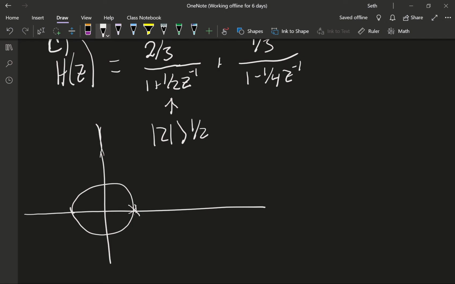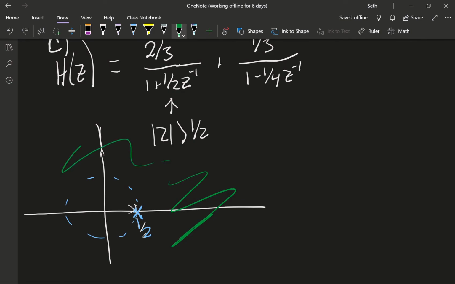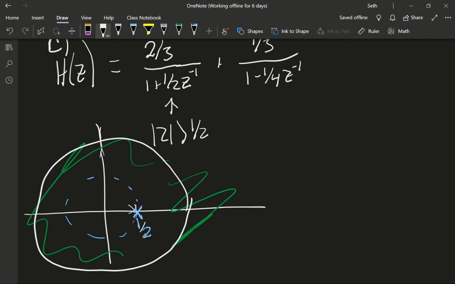We have a pole there. Our region of convergence is outside, so it fits the definition. So it is causal. The next one wants to know if the system is stable, and the system is stable because it includes the unit circle, which is somewhere like right here. That's 1/2, that's 1, so it does include the unit circle.